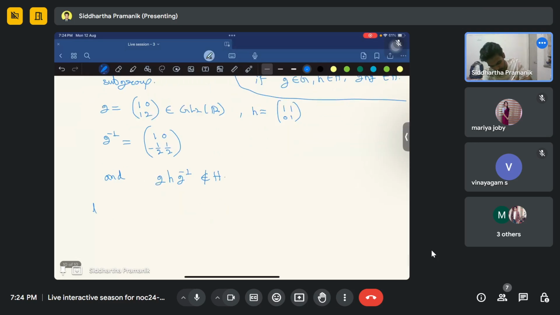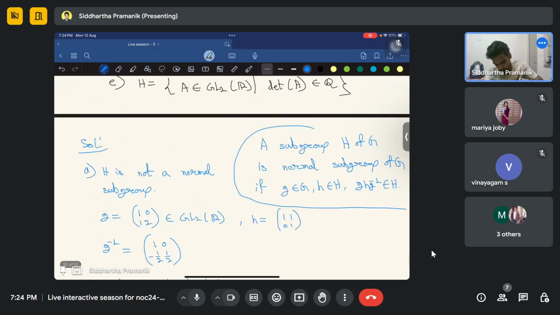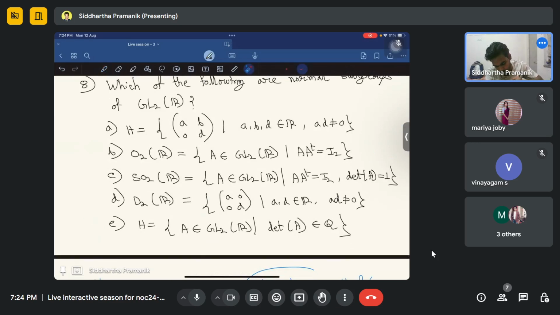Now let's check B. So B is O2(R). So is it a normal subgroup? We have already seen that these three are subgroups in our live session 1. So is O2(R) a normal subgroup?